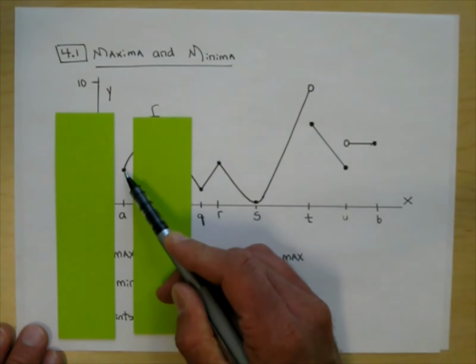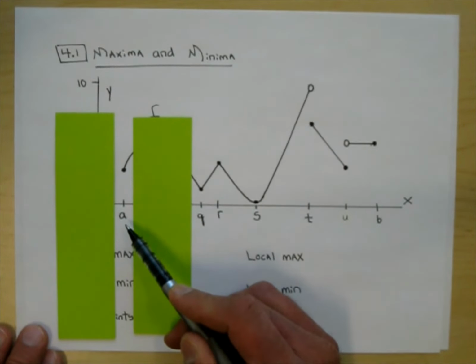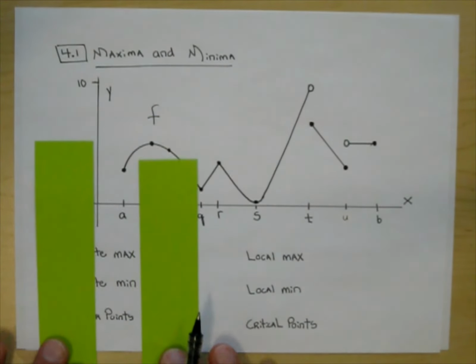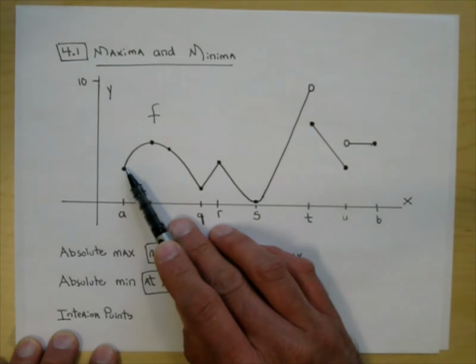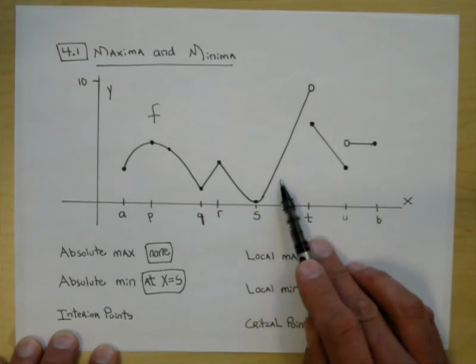It only comes from the right side. On the left side there's no graph, so A is not an interior point. And in that definition it says interior points are not endpoints. So our interior points happen to be anything to the right of A. All those points are interior points.